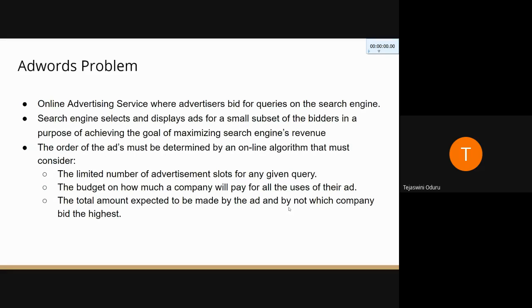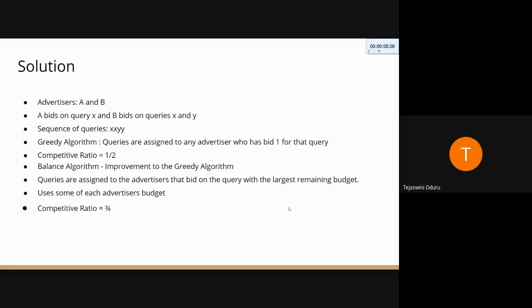Second, it should consider how much a company will pay. And it should also consider the total amount expected to be made by the ad, and not just how much a company pays, whether it is the highest or not.